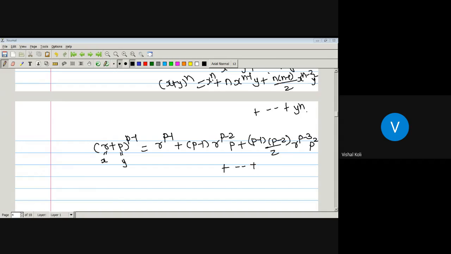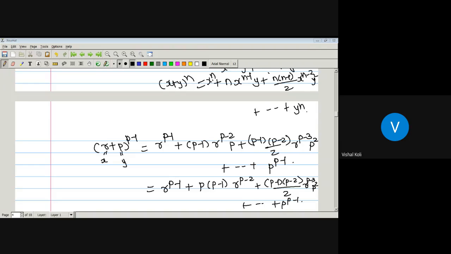What should be the last term? y to the power n, that is p to the power p minus 1. So it is actually nothing but r to the power p minus 1 plus p into p minus 1 r to the power p minus 2 plus p minus 1 into p minus 2 divided by 2, r to the power p minus 3 into p square, plus up to so on, p to the power p minus 1.